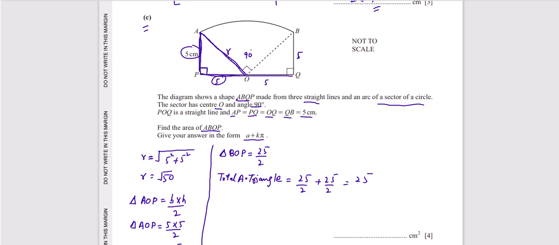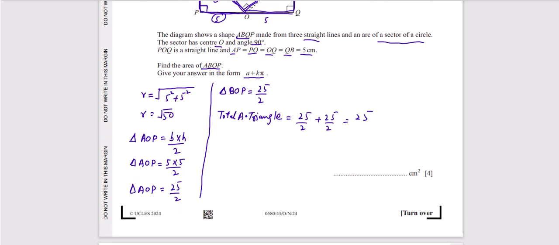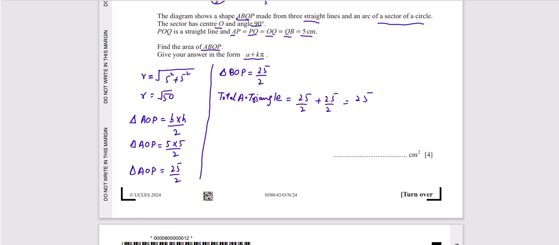First of all, we found these areas, which one and which one, and now we have to find this area. This one is the sector. To find the area of the sector, that is equal to theta over 360 multiply pi r square.